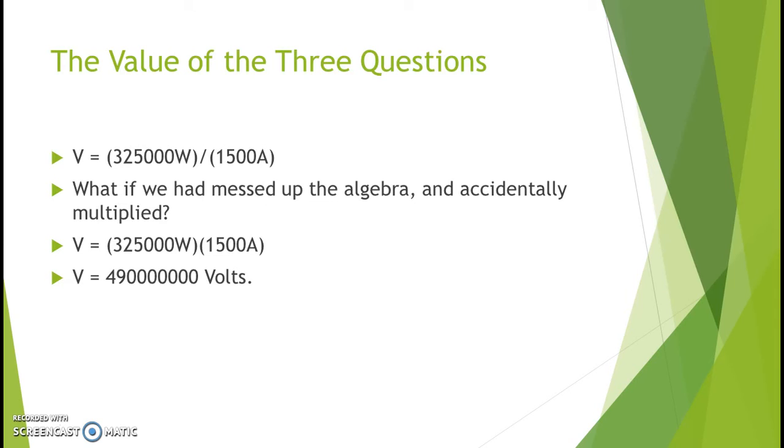Now, when we go to ask ourselves the 3 questions, we can say, okay, the units are correct. The sig figs are correct. But when we get to the question of, does the answer make sense, we haven't seen many instances. Maybe you have. I haven't seen many instances where someone has reported 490 million volts as a potential.